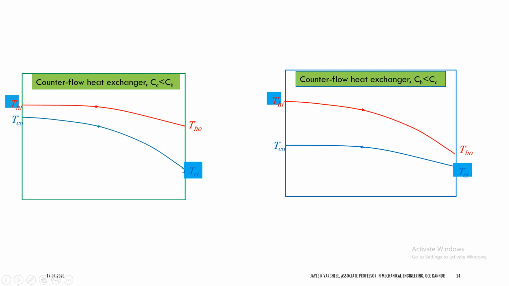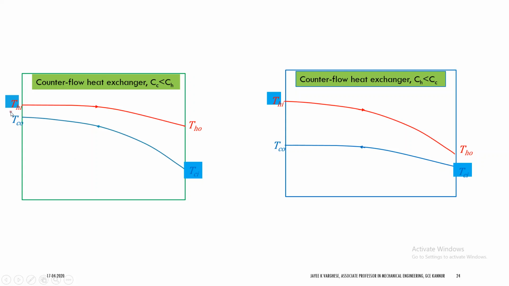We have a particular heat exchanger which has a fixed length, maybe 2 meter or 1.5 meter, like that. Now what will happen if we increase the area of the heat exchanger or increase the length of the heat exchanger?